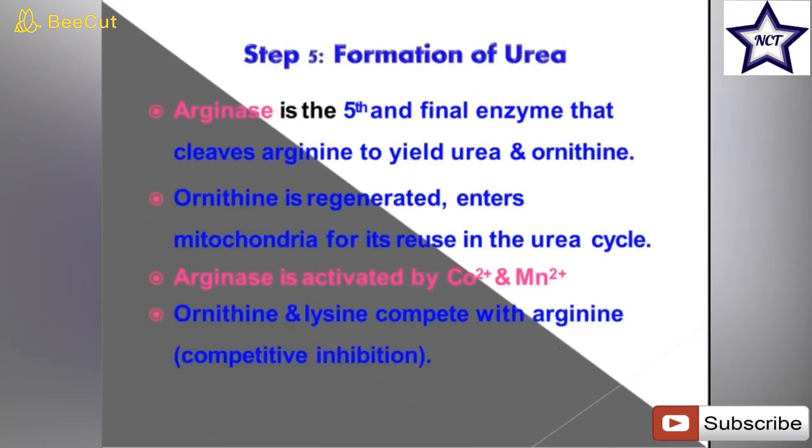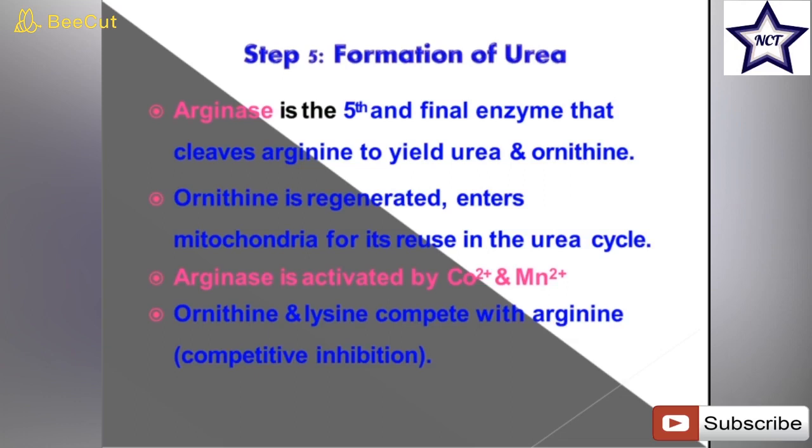The last, fifth enzyme involved is arginase, which forms urea and ornithine. Ornithine is regenerated and enters again into the mitochondria for reuse in the urea cycle, while the urea is excreted into the urine.